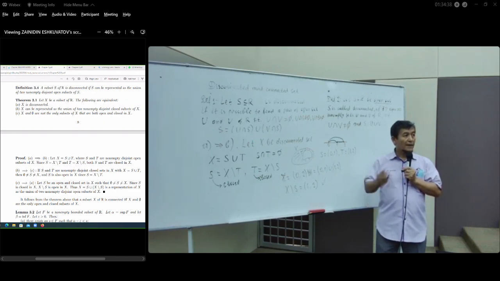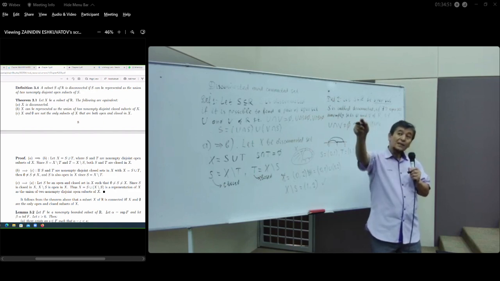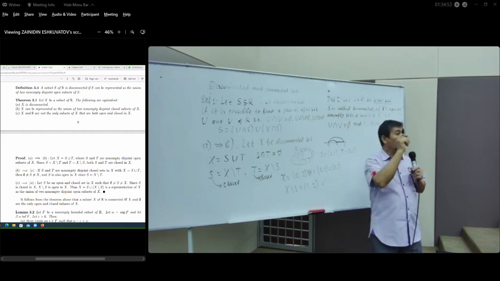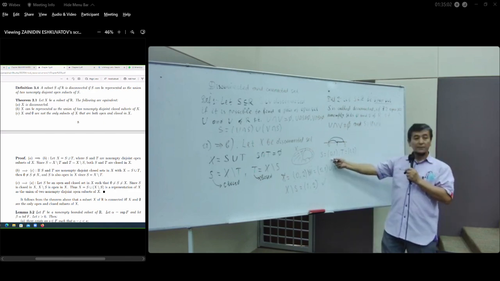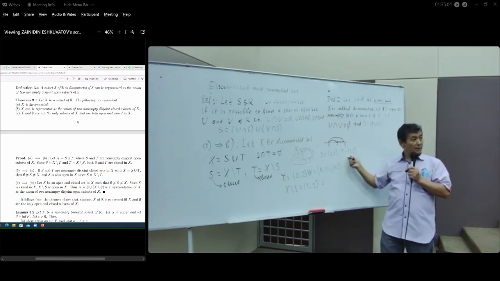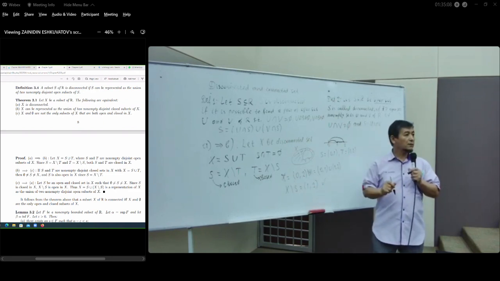The empty set and R, there is a proof that both of them are open and closed. Here they are stating there are not only the empty set and R, there are some sets which are open and at the same time closed. Look, here I have the open set, but this X minus S is not a closed set.